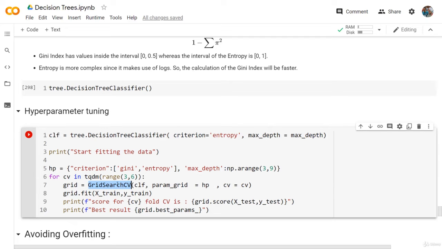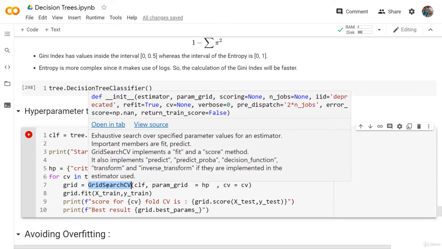The grid search cross validator will take this classifier and the parameter grid. This class is from sklearn, and it will perform an exhaustive search over specified parameter values for an estimator. We do this using the fit function, so it will try to fit the data using all combinations of our hyperparameters.